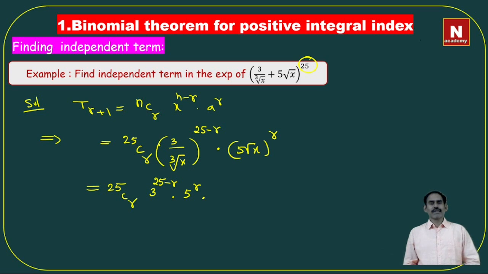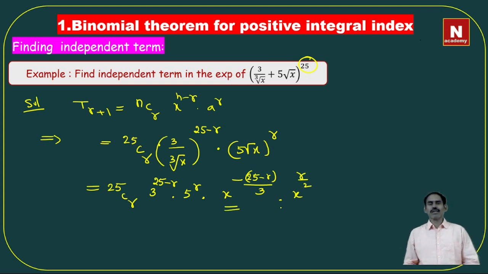Cube root of x is x^(1/3); in the numerator, that will be x^(−1/3). So finally x^(−(25−r)/3), and square root of x means x^(1/2), so the whole power r gives x^(r/2).